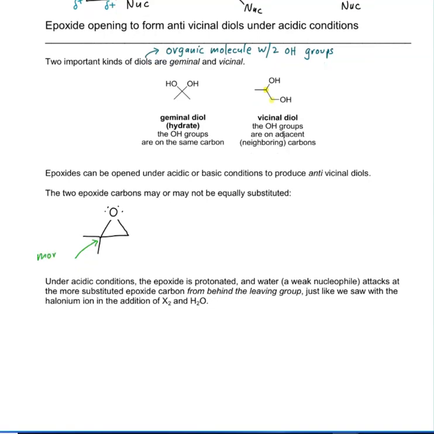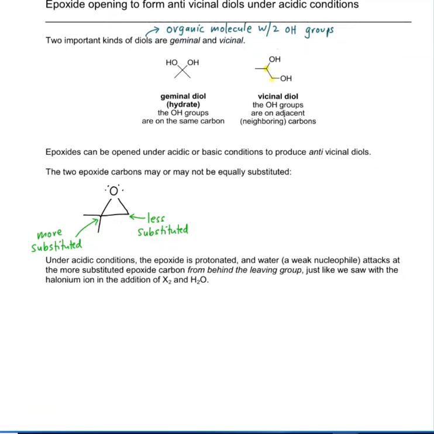That's more substituted because it's connected to more carbons. The other one, because it's connected to fewer carbons, is the less substituted. So we need to be mindful of the degree of substitution of each of the carbons in the epoxide, because depending on whether you're running the reaction to make the diol under acidic or basic conditions, that's going to dictate which of those carbons gets attacked by the nucleophile.